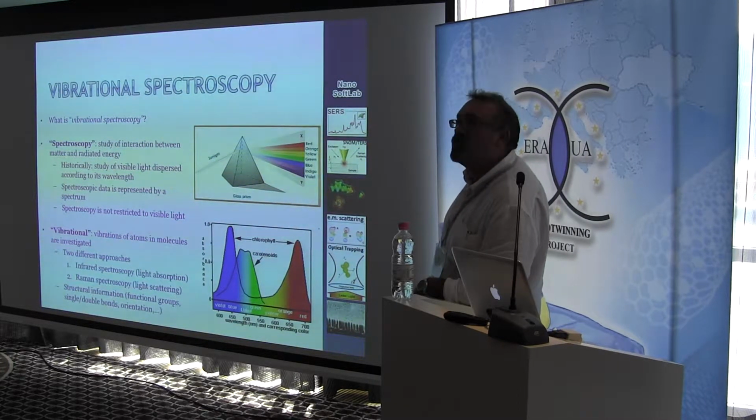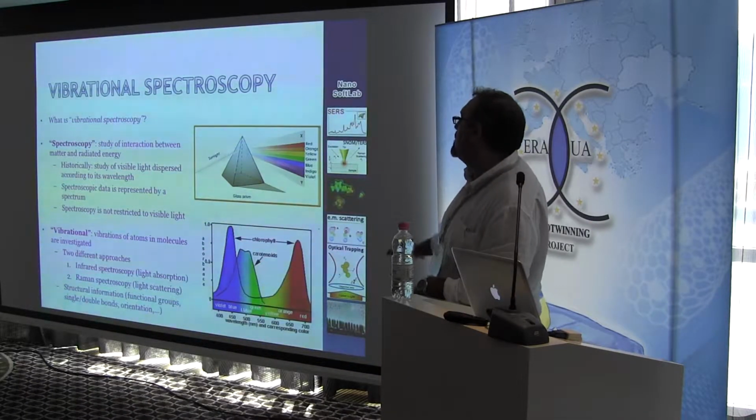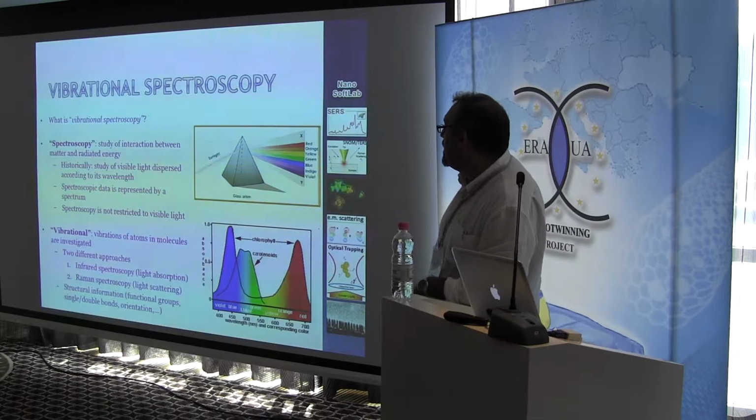One is infrared spectroscopy, in which you perform absorption spectroscopy. You shine light in the infrared and you see what is transmitted. And so from what is missing, you see that it absorbed it, so it must have a special vibrational resonance at that energy. Otherwise, you can do vibrational spectroscopy in the visible range, using not absorption, but scattering, and in particular, what is called Raman scattering.